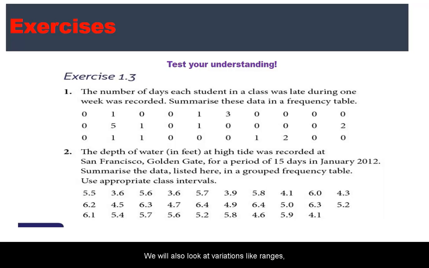We will also look at variation like ranges, interquartile ranges, the standard deviation, how to calculate the mean and the standard deviation of a set of data, and how to use a frequency distribution table. So we look at averages among other things. Now we are entering into the calculations of statistics. The idea of statistical thinking is to help prepare your mind on what to expect in the overall topic. So in chapter 2, we will start looking at the measures of spread and the measures of location.